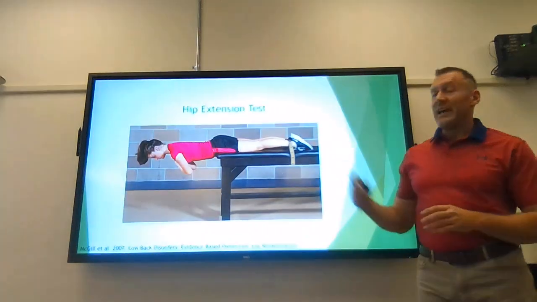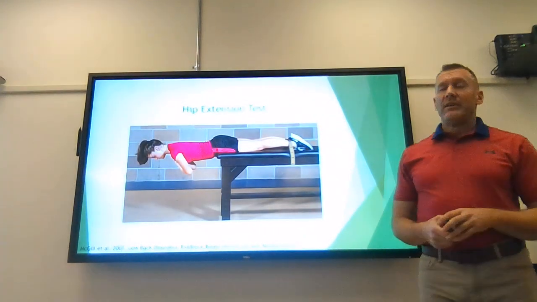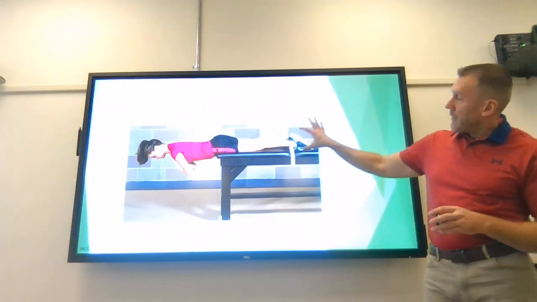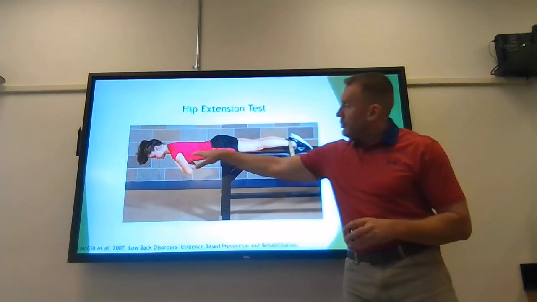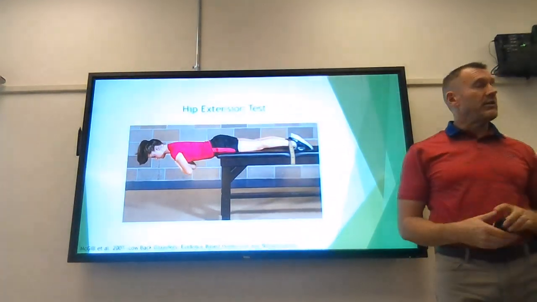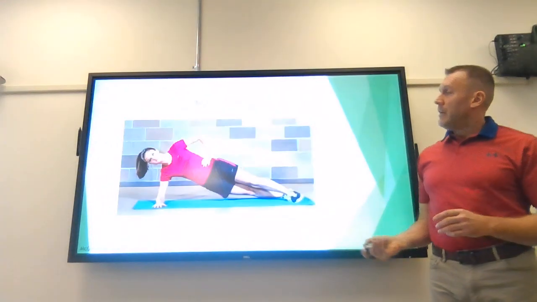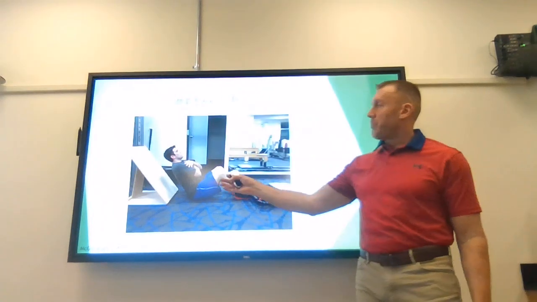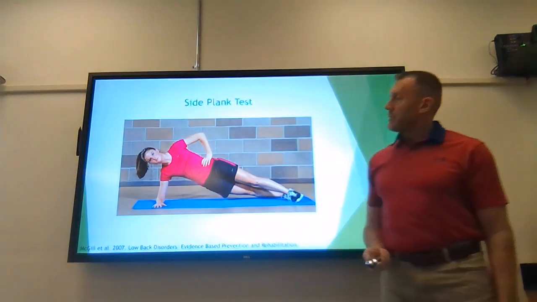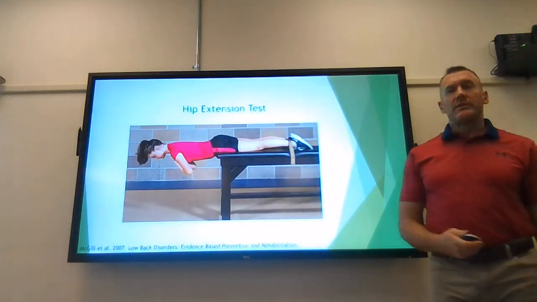And the hip extension test. So in McGill's protocol, you are held secure, and then your hips are on the edge, and then you're holding this posture for as long as you can. So all these tests are measures of isometric function. So you're holding this posture, and this posture as long as you can.